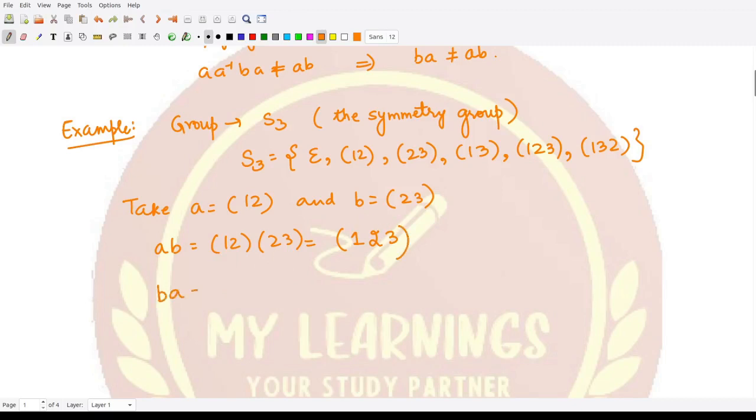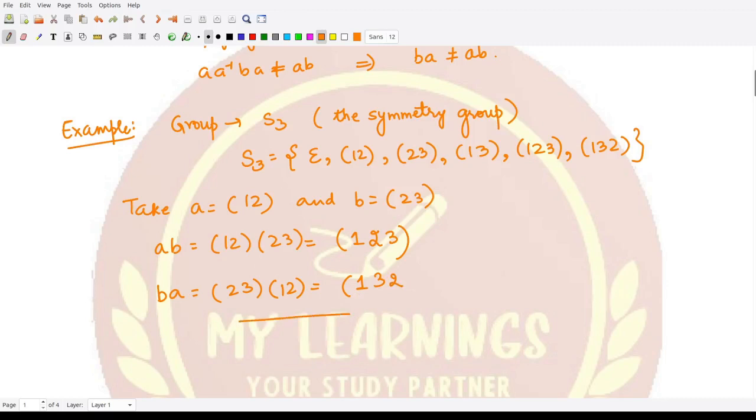What about BA? When you compute BA, you are computing (2 3) with (1 2), right? So we again start with the member 1. While moving from right to left, you see 1 goes to 2 and 2 goes to 3. So ultimately 1 goes to 3, right? So here you can write 3. What about member 3? There is no 3 in the right factor. Here 3 goes to 2. So 3 goes to 2.